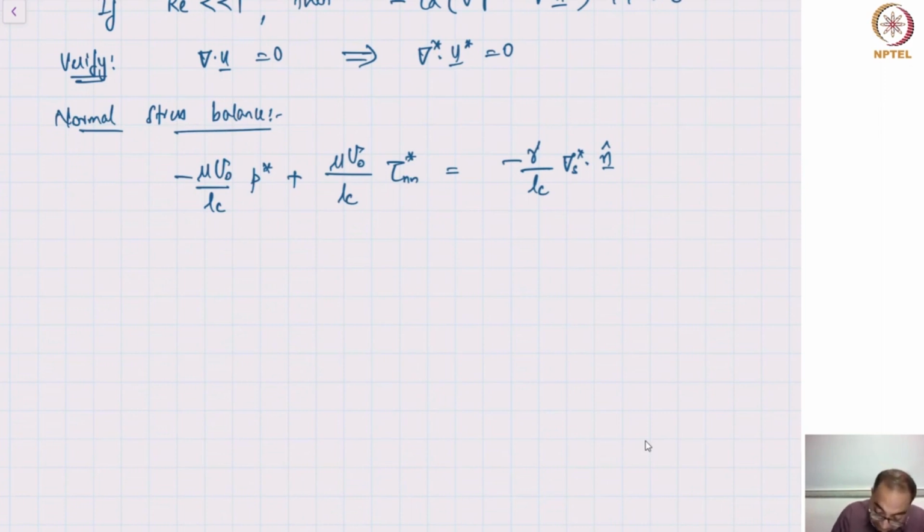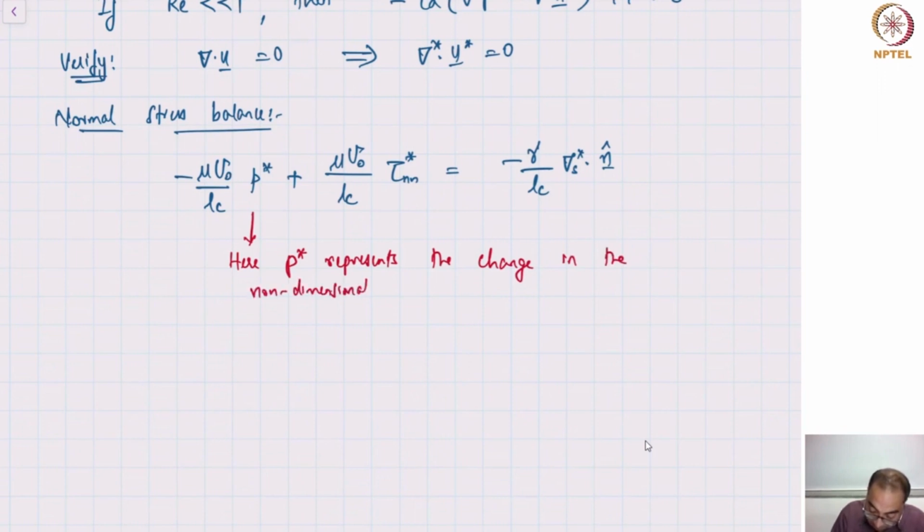The pressure P star represents the change in the non-dimensional pressure relative to atmospheric pressure.